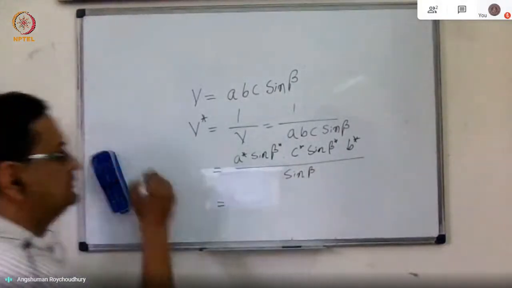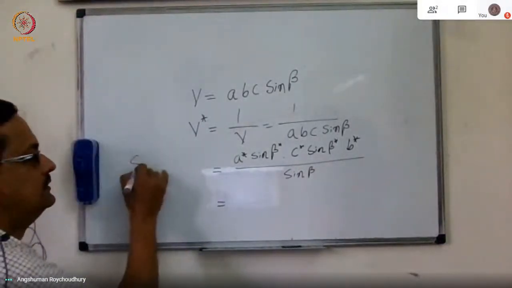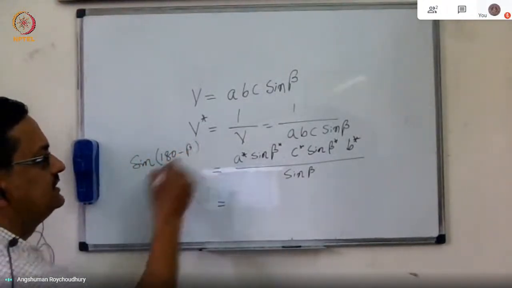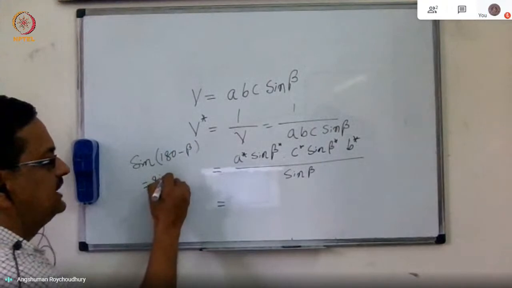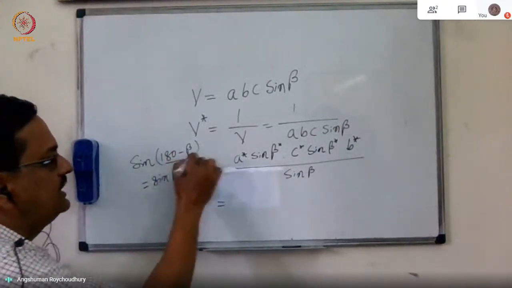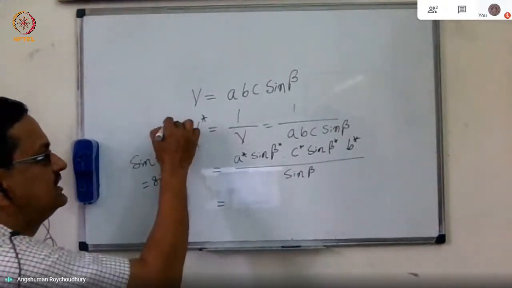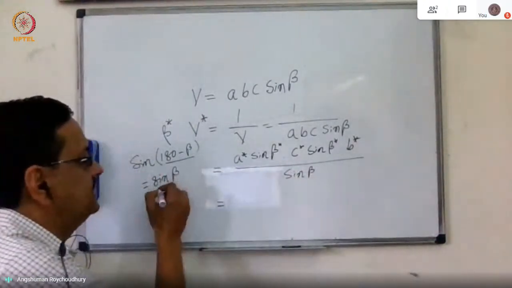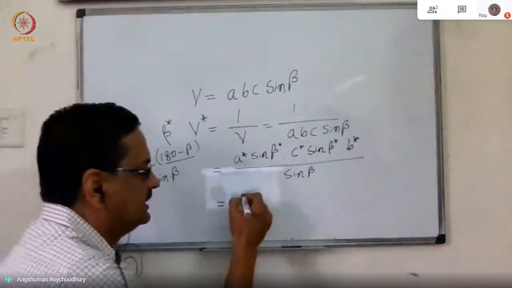Now, as you know, sin of 180 minus beta is nothing but sin beta, and this 180 minus beta is actually beta star. So instead of sin beta, I can write sin beta star.